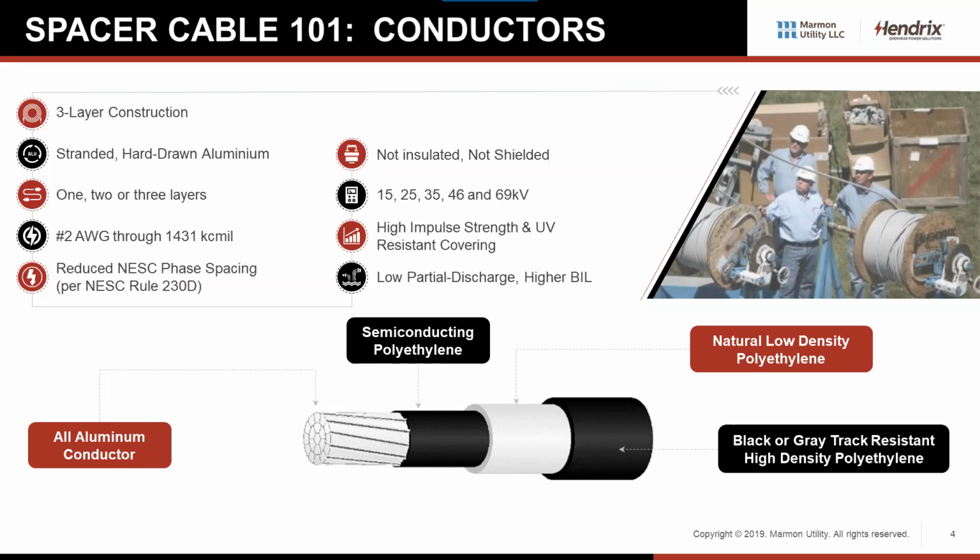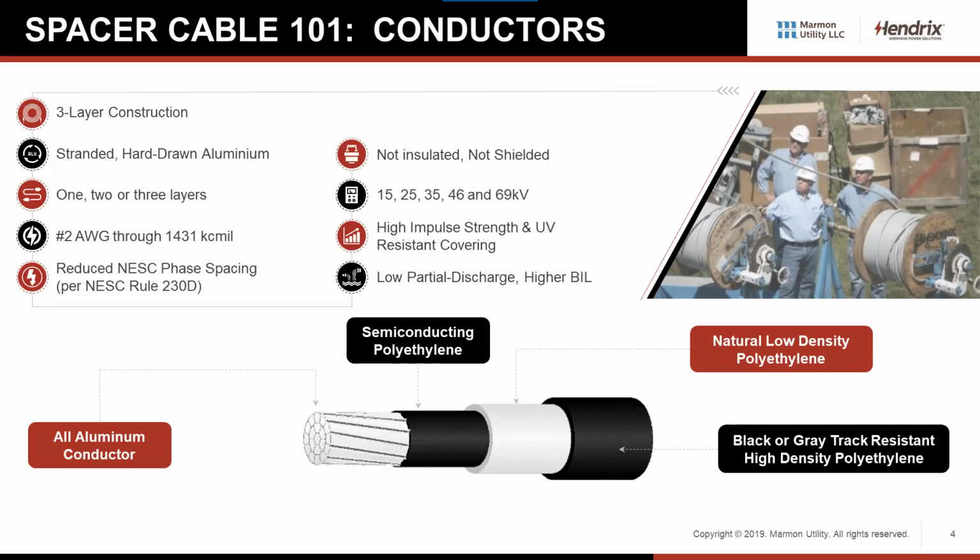We can reduce our phase to phase and our phase to ground spacing, but there still is a minimum spacing that we must maintain. So another place where it comes into play is from an operational perspective. Linemen are still required to treat this just as they do bare wire because it's not fully insulated cable.